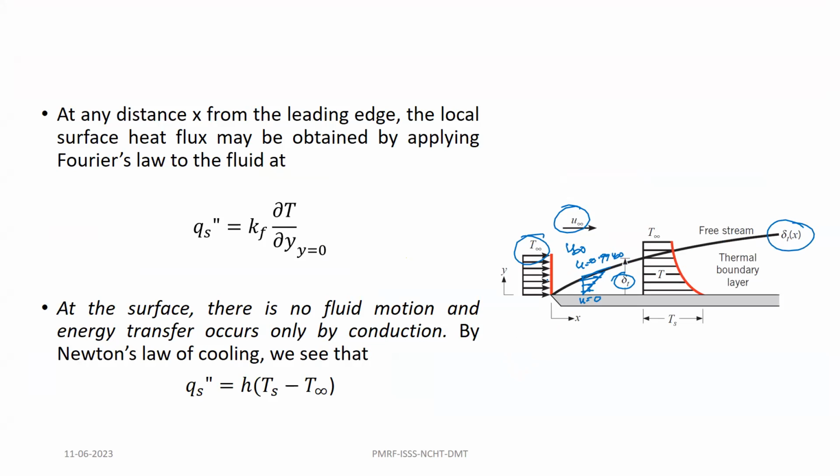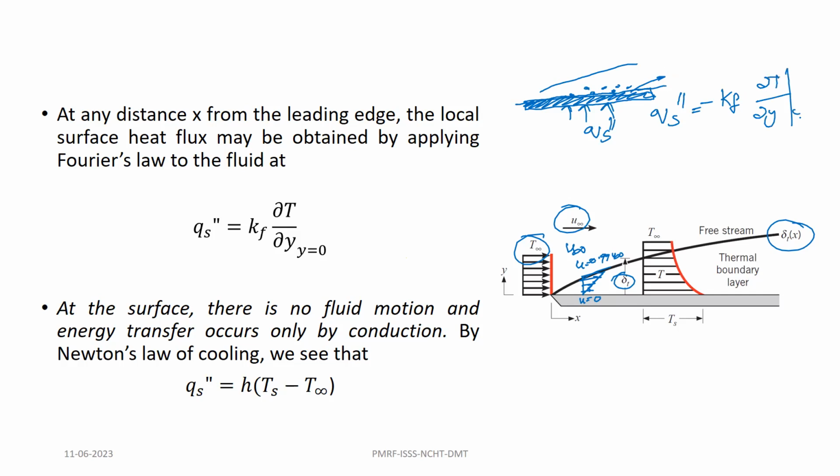What we have to understand is the boundary condition. At the boundary where the plate is placed, if the plate is heated, which means there is a heat flux QS applied, the fluid layer will be like this. At the boundary, which is this edge, we can write the boundary condition as QS equal to minus KF into dou T by dou Y at Y equal to 0. The minus sign means the temperature gradient is flowing from a higher temperature to a lower temperature.